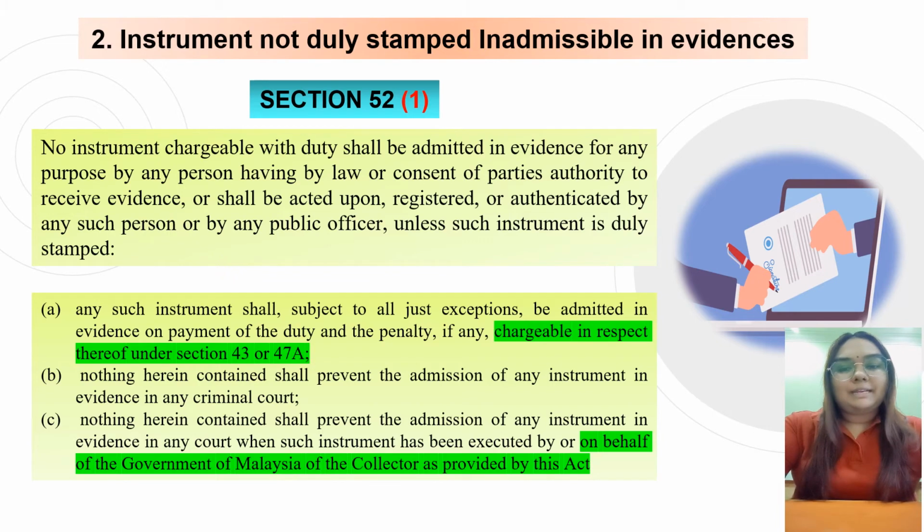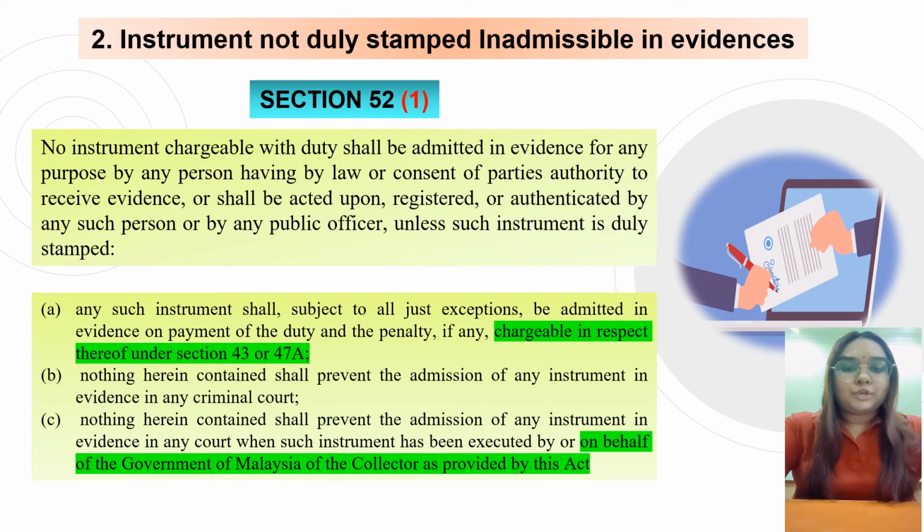Provided that, first, any such instrument shall, subject to all just exceptions, be admitted in evidence on payment of duty and penalty, if there is any, chargeable in respect thereof under sections 43 and 47A.